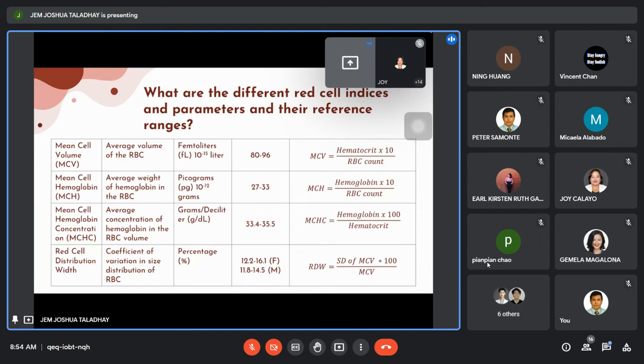Actually, I'm quite confused with that as well because I've read literatures that say it's competitive. However, most of the literatures I've read say that only if there is no iron present would the zinc bind to the erythrocyte protoporphyrin.